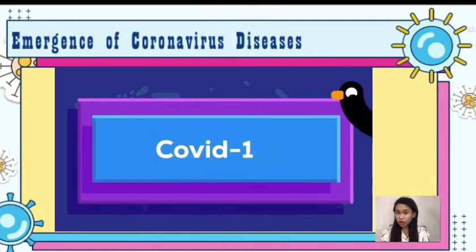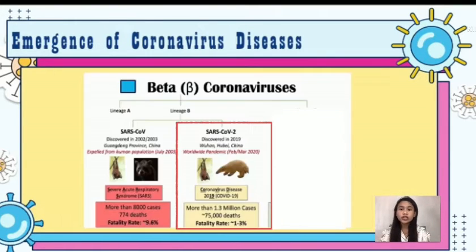And just like the first SARS, it can cause acute respiratory distress syndrome and fatality. As you can see in the information below, there are more than 1.3 million cases with 75 deaths. But that was information from a year ago. As of right now, it's over 243 million cases and a total of 4.94 million deaths.